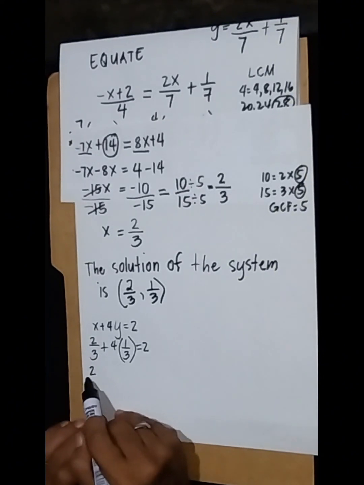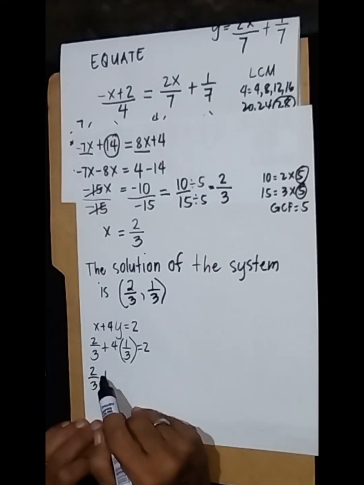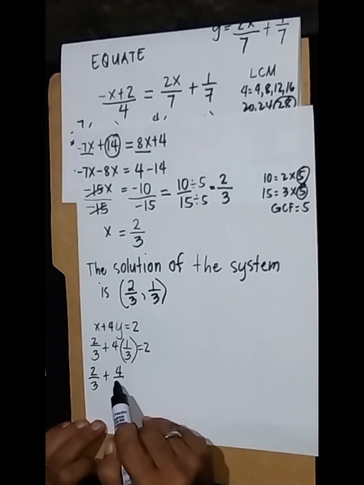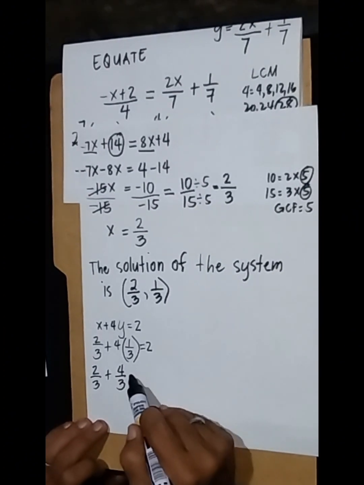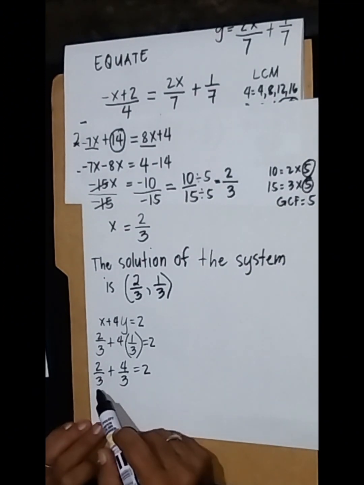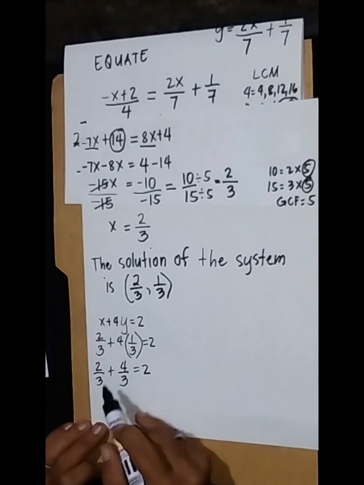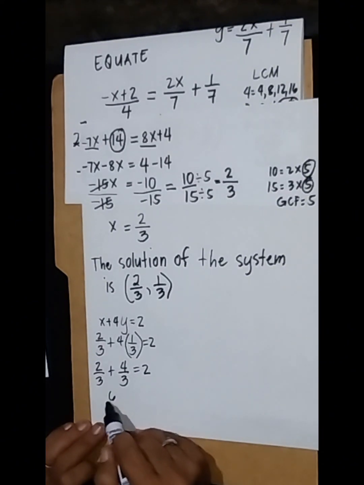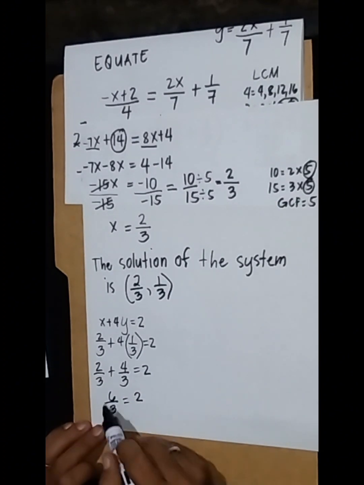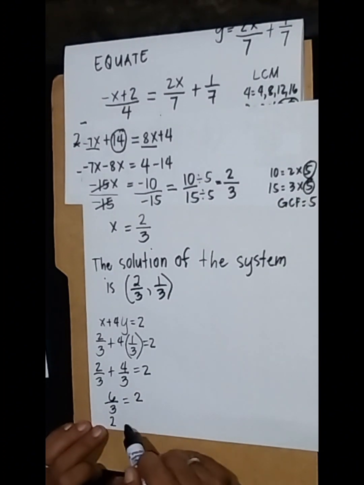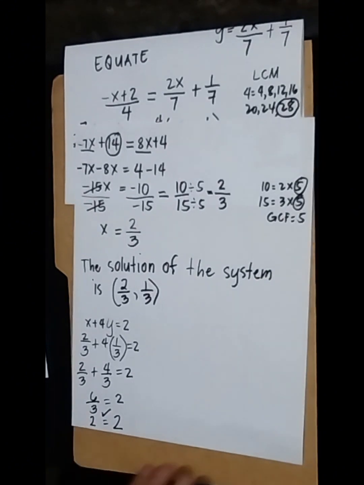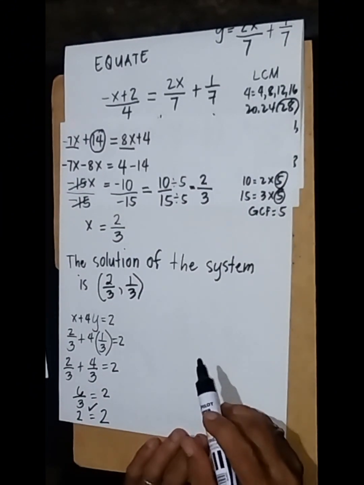So, 2/3 plus 4 times 1/3 is 4/3, equals 2. Now, we add the similar fractions. 2/3 plus 4/3: 2 plus 4 is 6. Copy the denominator 3, equals 2. So, 6 divided by 3 is 2, equals 2. So, the first equation is true.